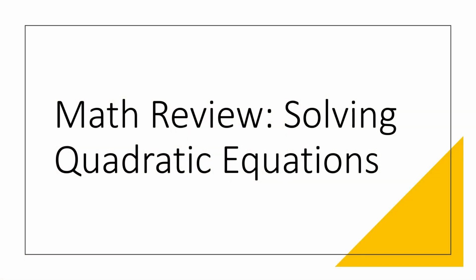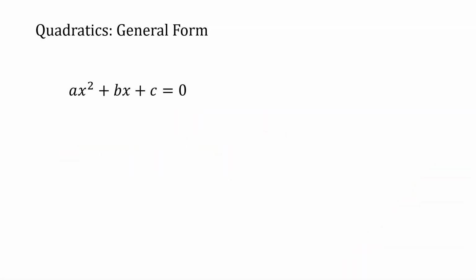All right, let's practice solving for x when x is squared. First off, let's just talk about quadratics in general. So here is my general form for a quadratic. You'll notice again I have an x squared value. Now in terms of your x term and your constant term, those may be 0. So you can have a quadratic that is simply x squared equals 2.